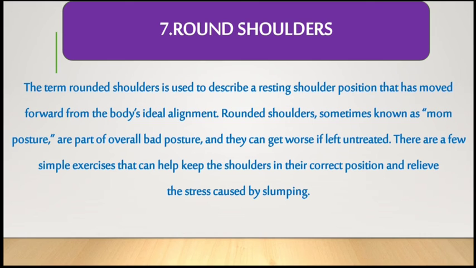Round shoulders are sometimes known as mom posture, a part of overall bad posture, and they can get worse if left untreated. There are a few simple exercises that can help keep the shoulders in their correct position and relieve the stress caused by slouching.